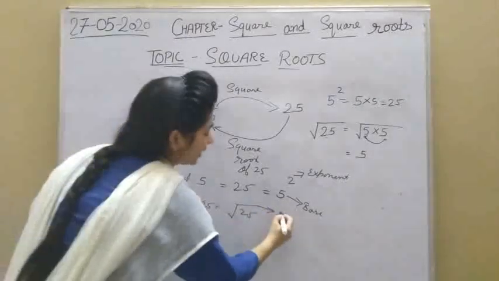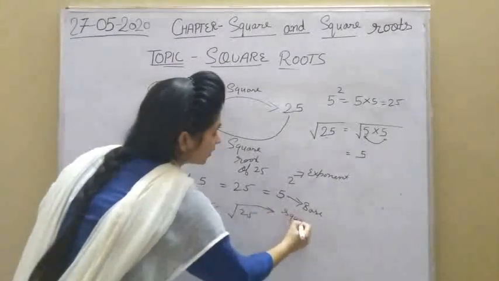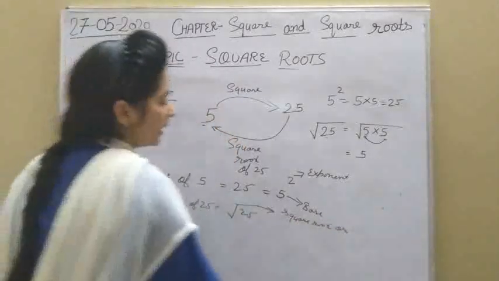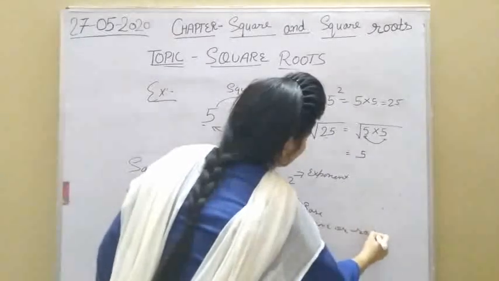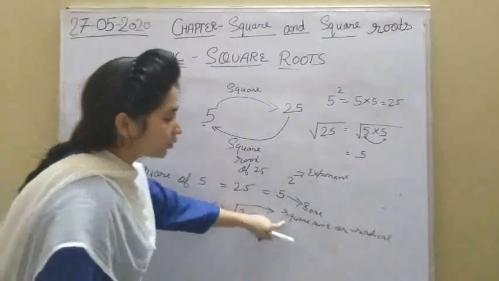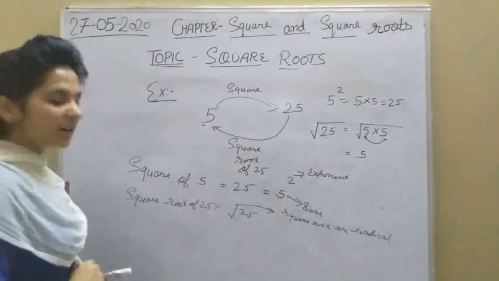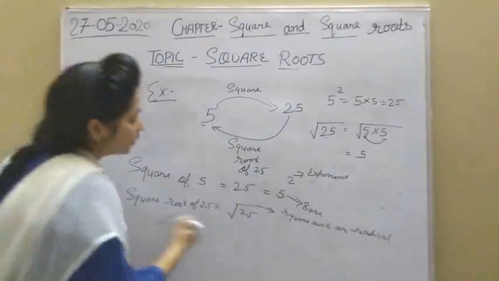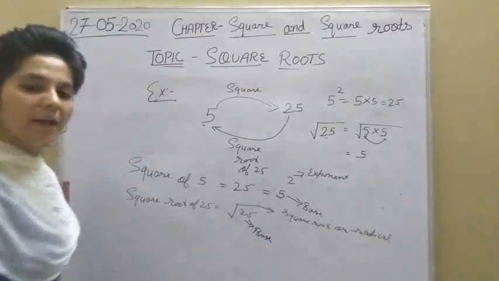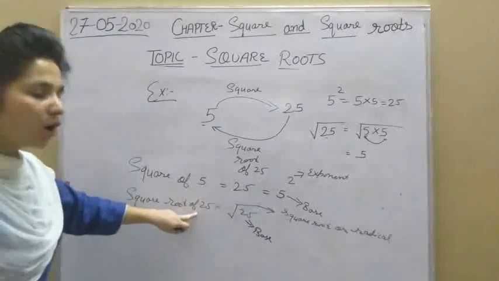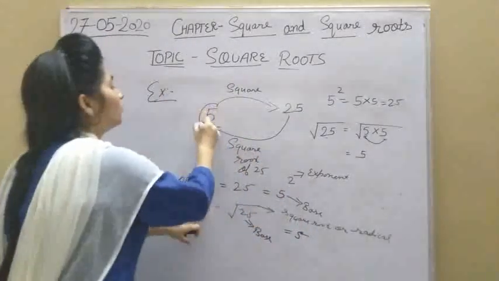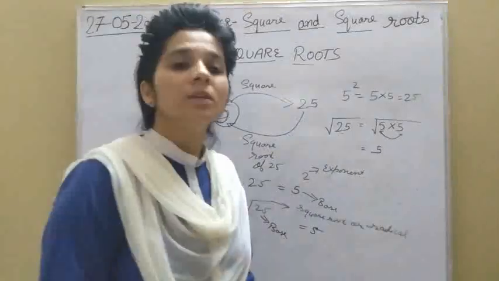This is known as square root or radical. The another name of the square root is radical, and 25 is a base. Square root of 25 will be equals to 5.